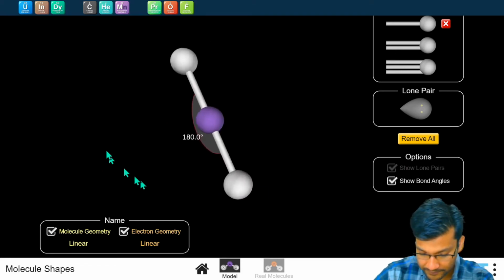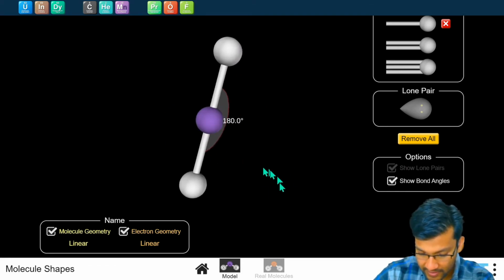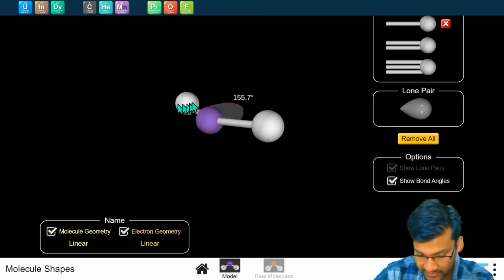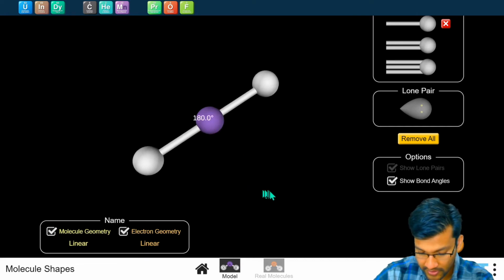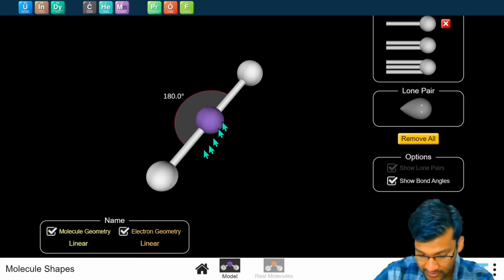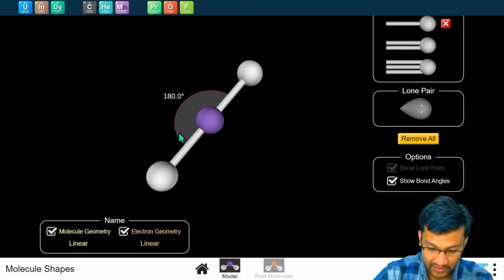Note that if you try to click on an atom and move it to change the bond angle and you let it go, it will go back to where it was. That's because the electron domains for these two bonds are trying to repel each other, and the only way they could do so efficiently is when they're on completely opposite sides of the central atom.